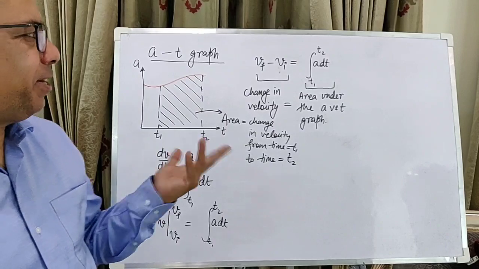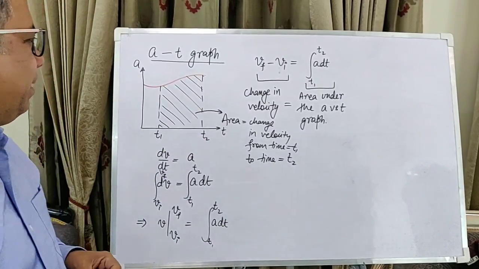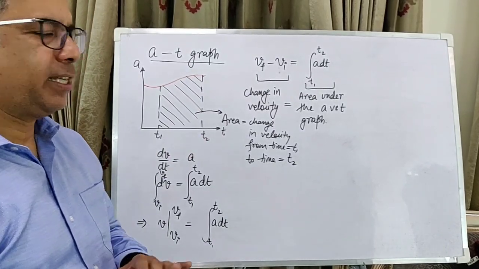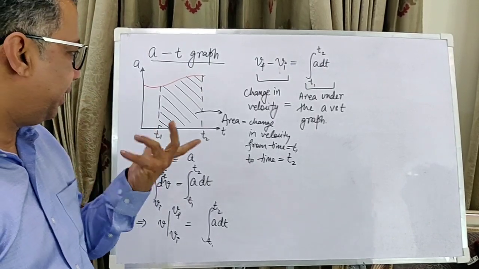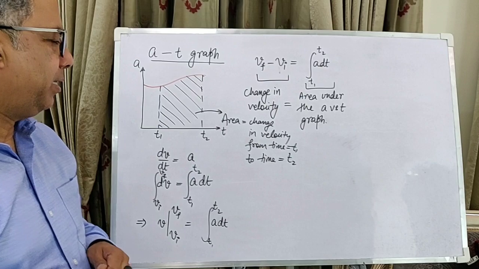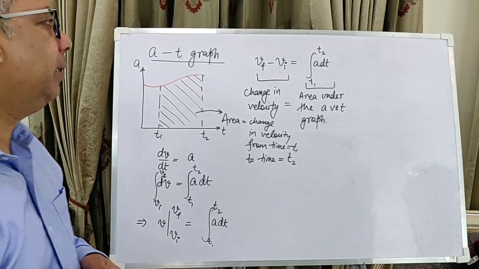So this is the geometrical meaning of the a versus t graph. Simple enough. What we can do is take up a simple example.